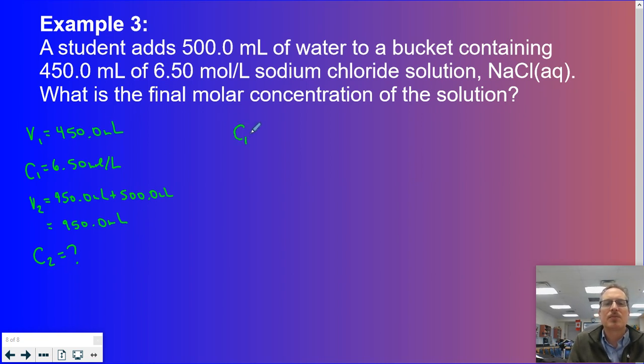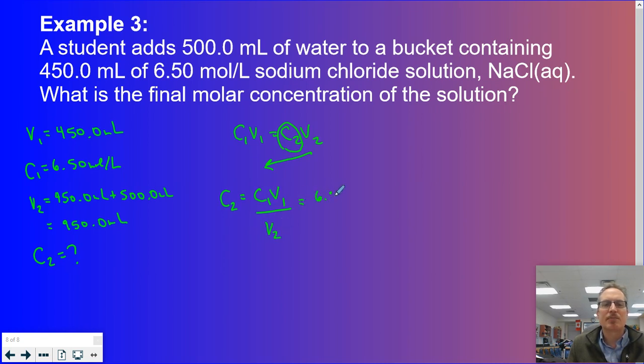C1V1 equals C2V2. We're going to find concentration this time. So I'm going to move V2 to the bottom. To find final concentration, take your initial concentration times your initial volume and divide by your final volume.